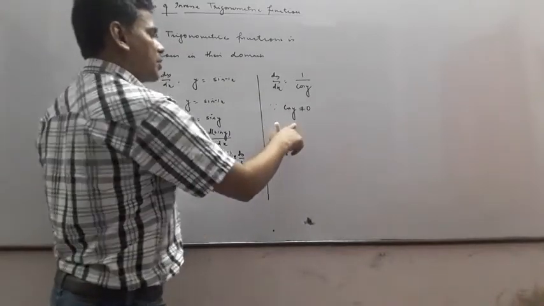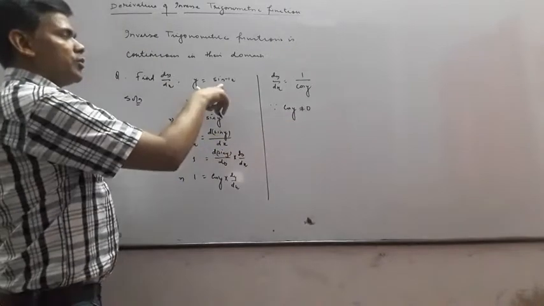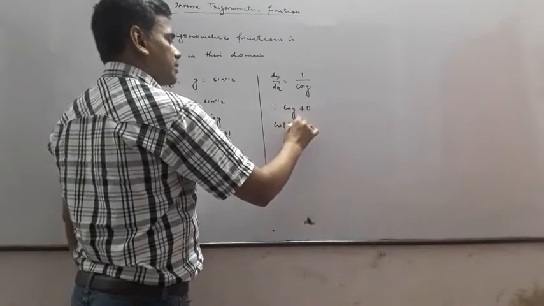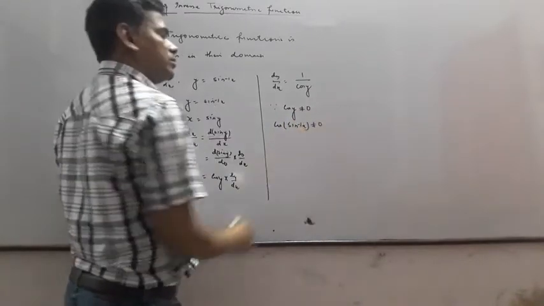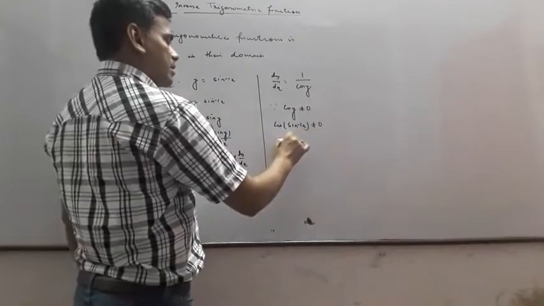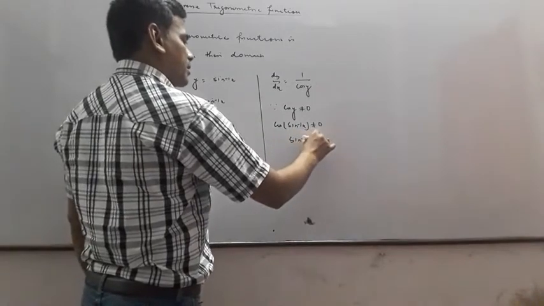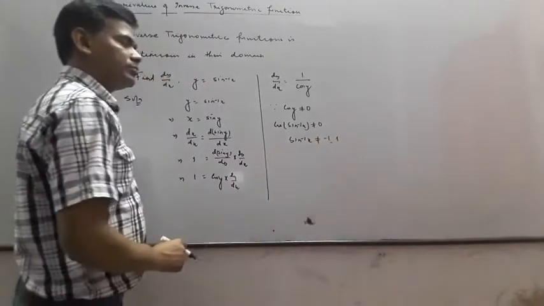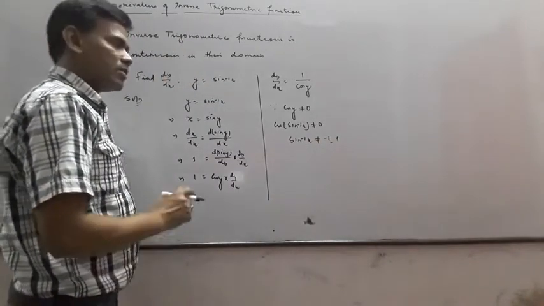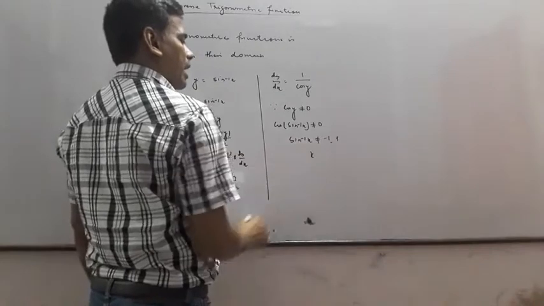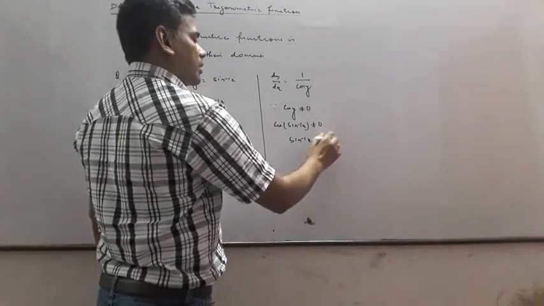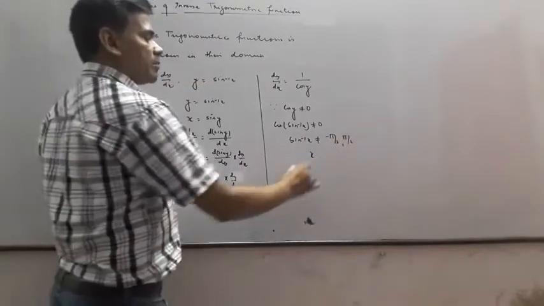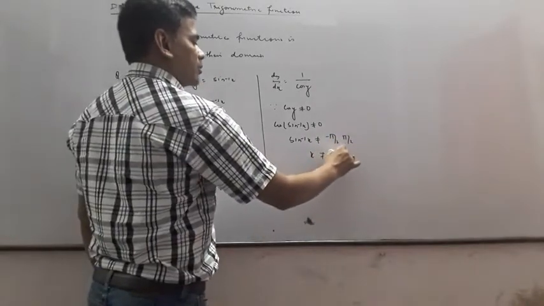If you replace y with sine inverse x, cos of sine inverse x can't equal 0. It means sine inverse x can't equal minus pi by 2 and pi by 2. This means x is not equal to minus 1 and 1, so x belongs to the open interval minus 1 to 1.